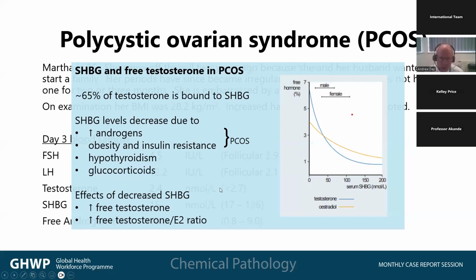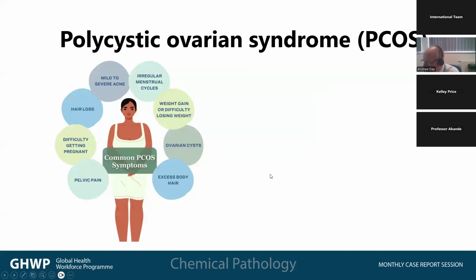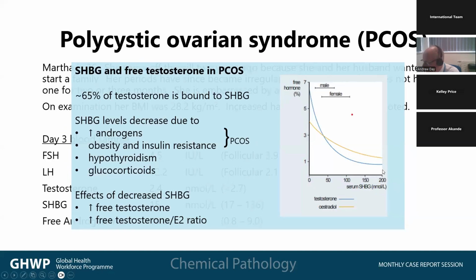Now, both estradiol and testosterone bind to SHBG, but testosterone binds more strongly. So this graph over here, which is taken from Marshall's textbook, illustrates the effect of falling levels of SHBG on the percentage of free hormone.